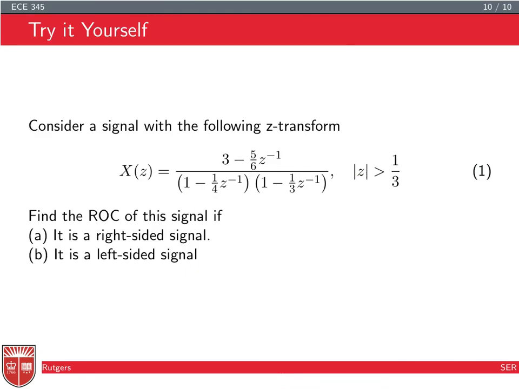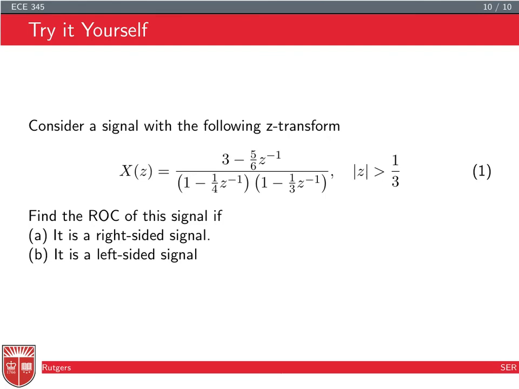I want to end this lecture with a do-it-yourself problem. The question in this problem is to find the ROC of the following signal with the following Z transform, in the case where it is a right-sided signal or a left-sided signal.